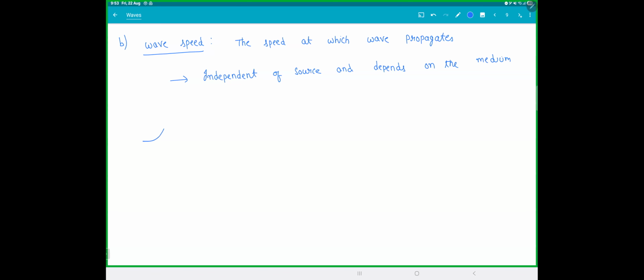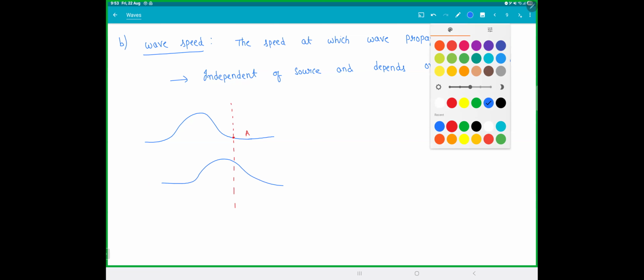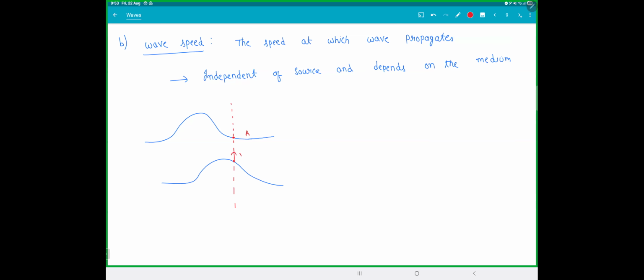Here's one thing you have to be careful about. When you talk about a wave, there are actually two different speeds. If you just look at this point A, after some time, you see A is actually going up.